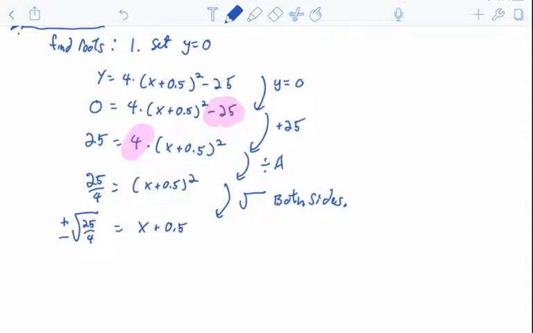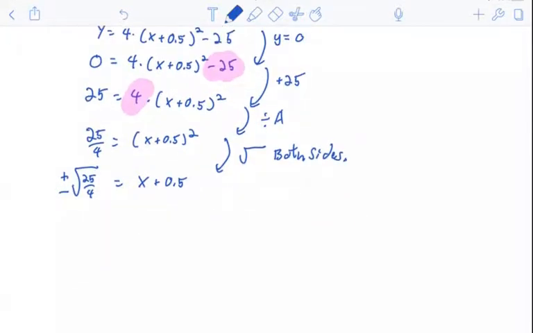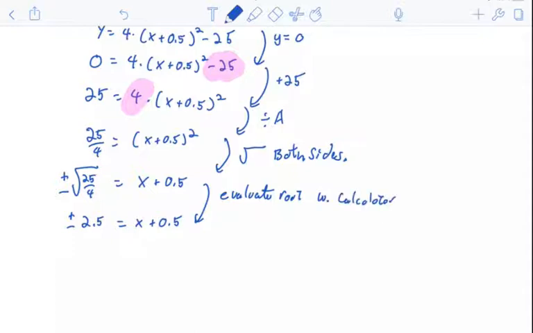So you get out your calculator and you calculate it. It's 5 over 2, so it's plus or minus 2.5. And then you isolate x. And this comes out to two answers.